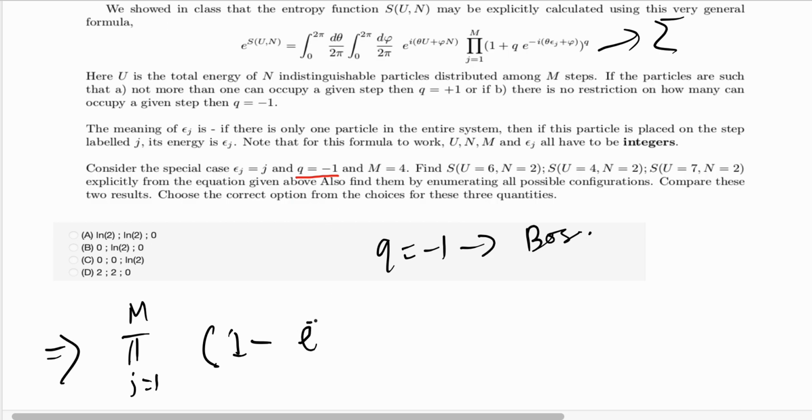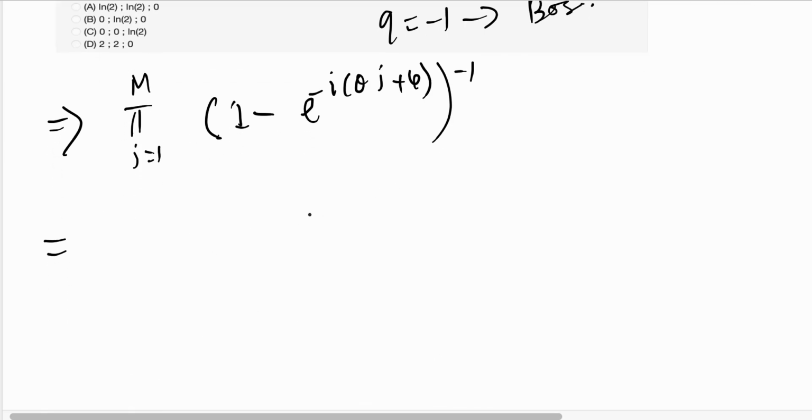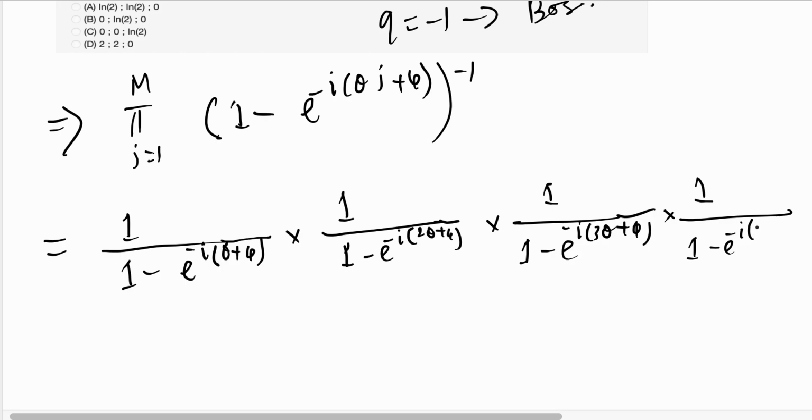So it is 1 minus e to the power minus i theta plus phi, all to the power -1, into 1 by 1 minus e to the power minus i 2 theta plus phi, into 1 by 1 minus e to the power minus i 3 theta plus phi, into 1 by 1 minus e to the power minus i 4 theta plus phi.